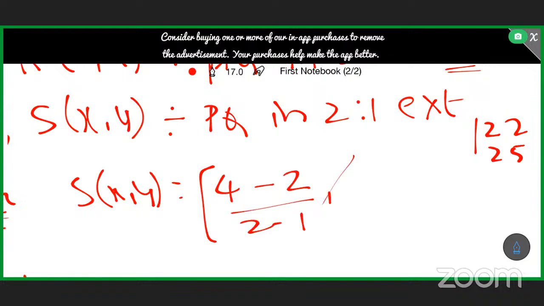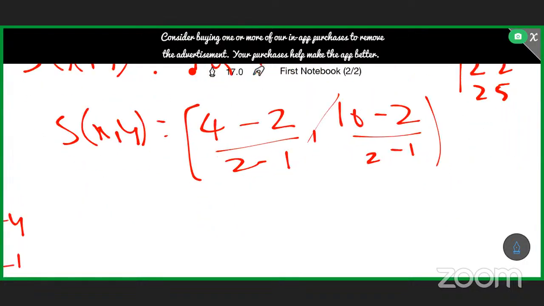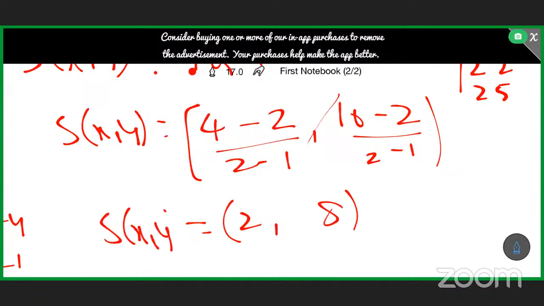M value is 2, y2 value is 5, 2 fives are 10 minus, y1 value is 2, n value is 1, 2 ones are 2, divided by 2 minus 1. This is equal to 2, 8. So the harmonic conjugate of 2, 4 is 2, 8. Do you understand this one?